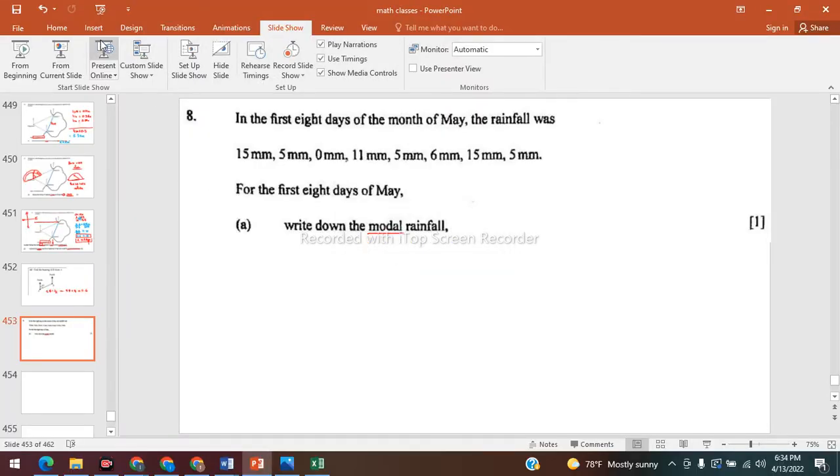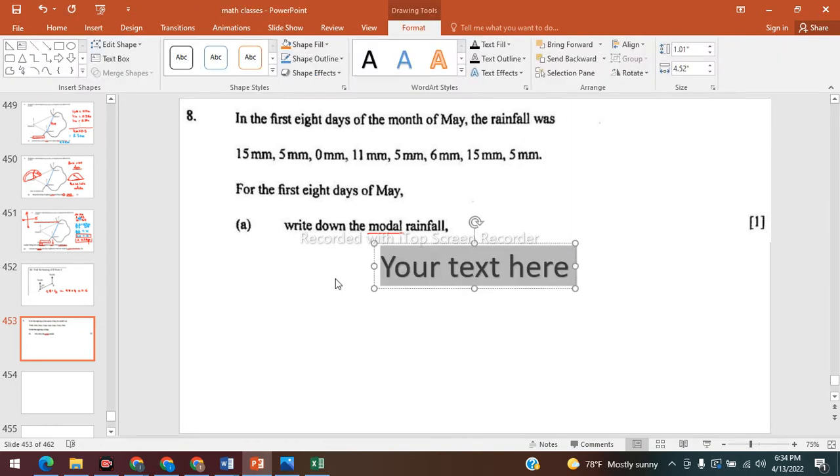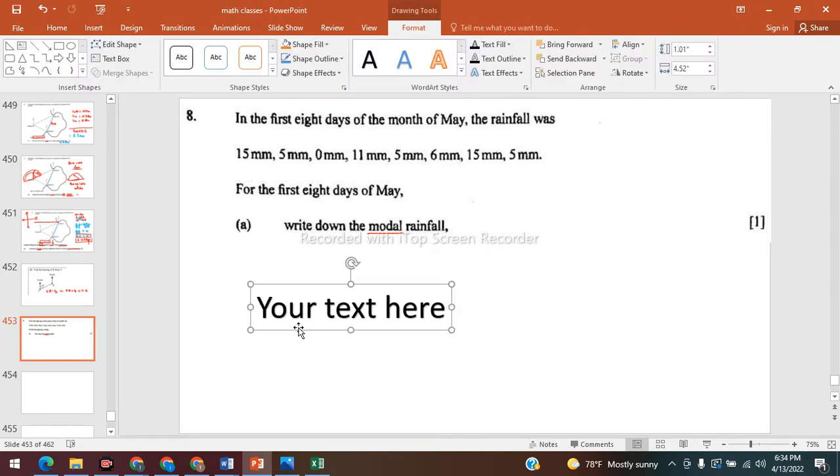Please tell me they thought of it as mode and got the answer. But they thought it meant motto. They failed.